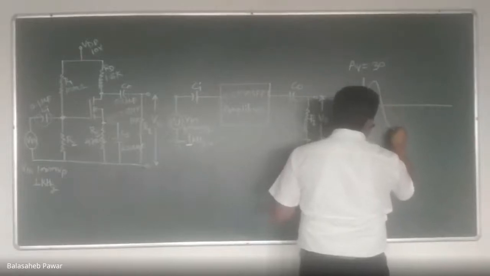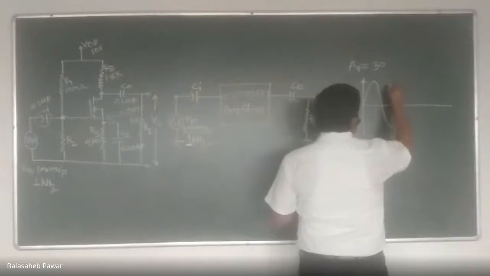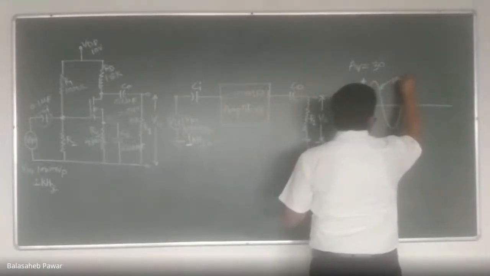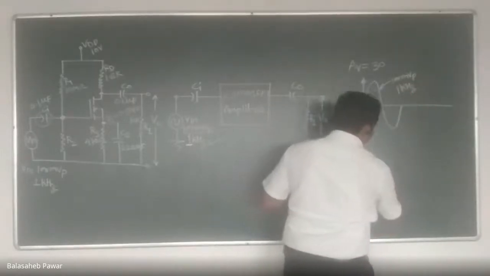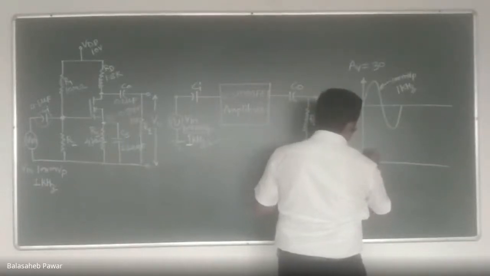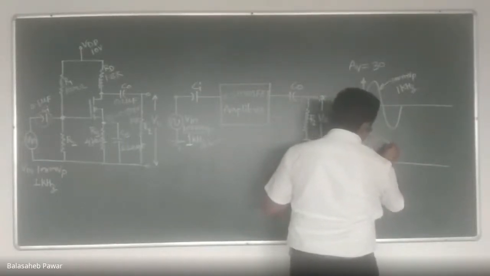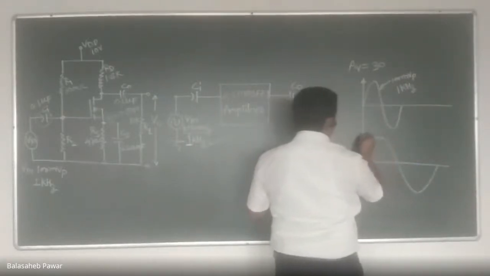Suppose this one is our 100 millivolt peak signal, and I will consider it as 1 kilohertz frequency. Then I will show the same signal in terms of amplitude but different frequency. So this is also a 100 millivolt peak signal.